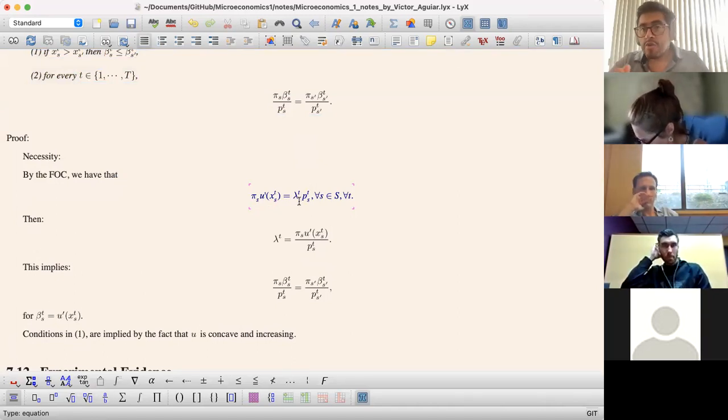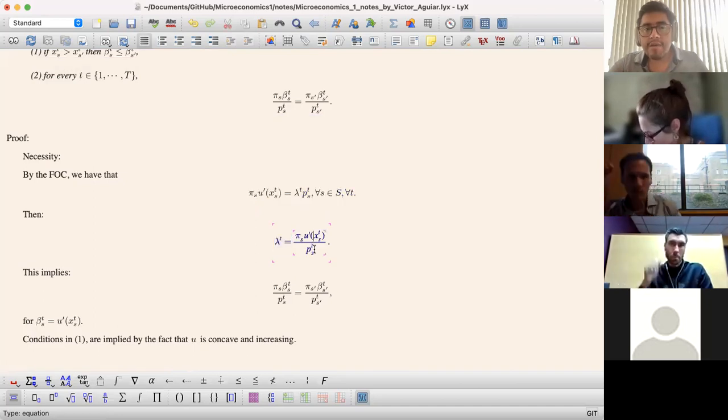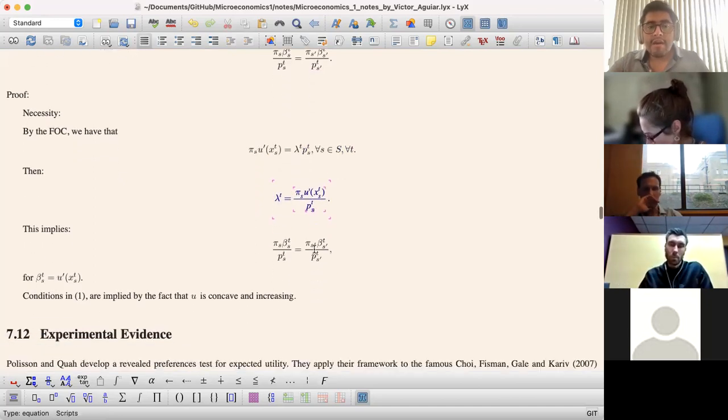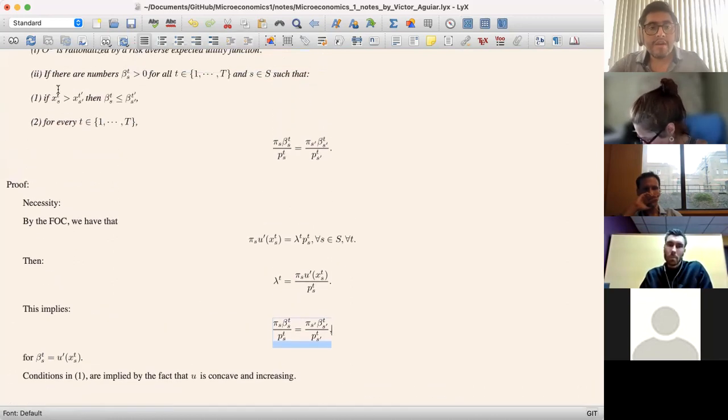Now, if I know that λ_t is a positive value, I can rearrange terms and get π_s U prime over p_s equal to λ. Now, if I replace β_s by U prime, realize that this gives me these equalities. And then again, because this is a marginal utility and this is monotone, these inequalities hold immediately. So necessity is super simple.